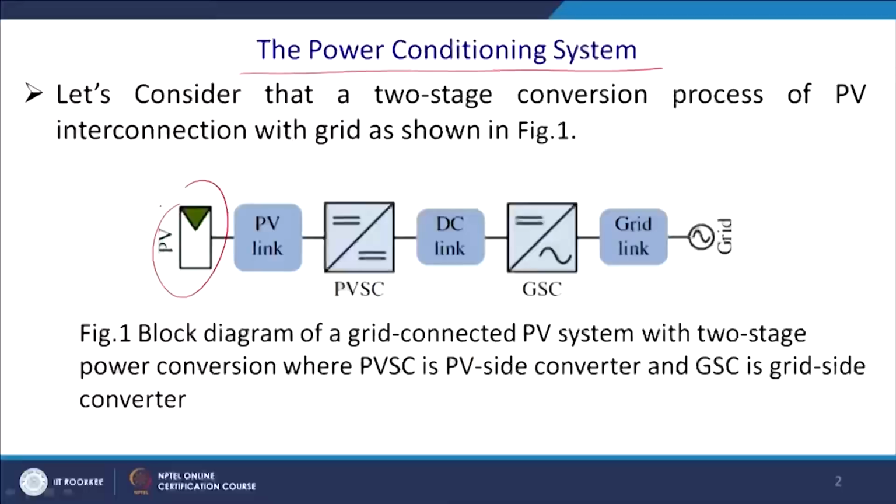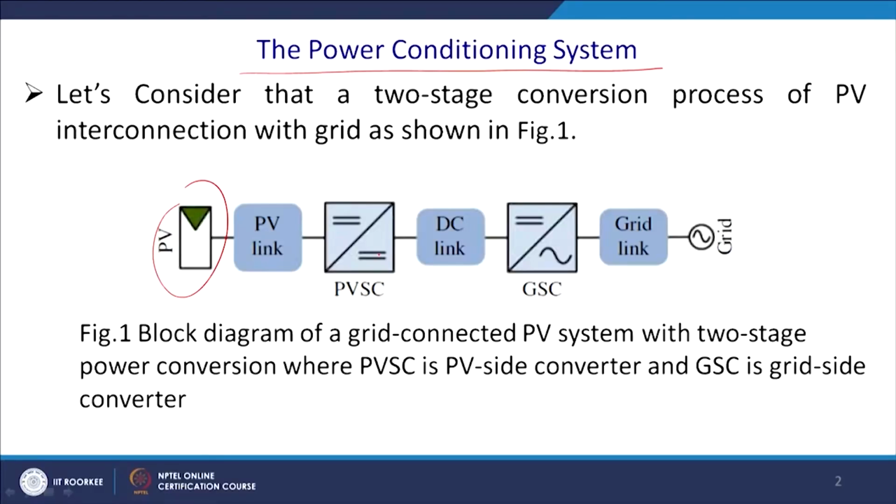So, what do you have? You have one PV, and thus you have a PV link that will transmit the power, and ultimately you will track the maximum power point and all those things. For this reason you have a DC to DC converter.